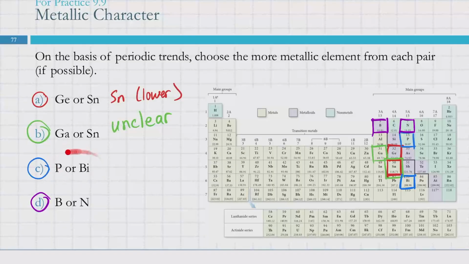And then phosphorus or bismuth. Yep, definitely bismuth. Bismuth is lower in the same group, and so it's definitely more metallic.